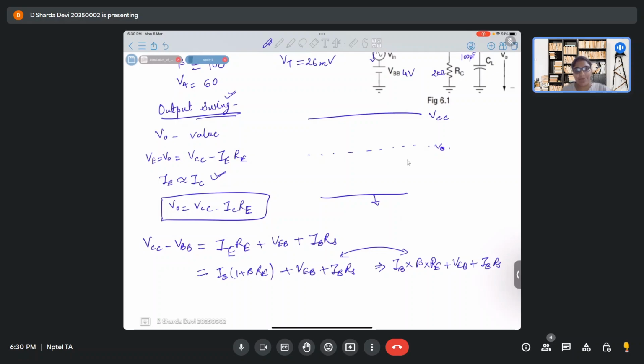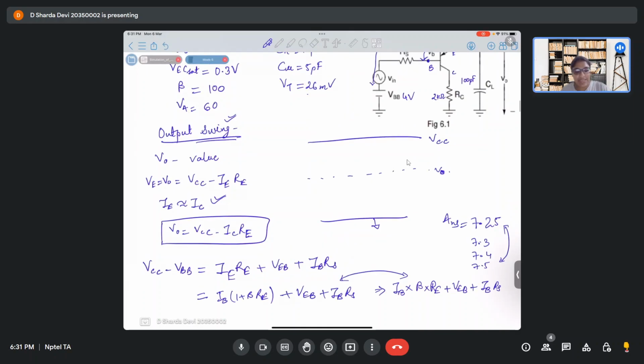So you need not worry every time. If the answer is, let's say, 7.25, even 7.3, 7.4, 7.5 is sometimes acceptable in numerical answer type. Is this clear? Yes. And why do these changes come? It is basically depending on your assumption. Somebody, let's say for thermal temperature, has taken 26 millivolts and it was not mentioned in the question.